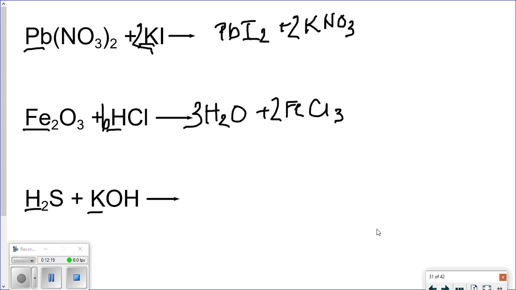Hydrogen pairs up with hydroxide, which makes water, and then potassium pairs up with the sulfide. Remember, potassium is a positive 1, sulfide's a negative 2, so it will be K2S. So we need to multiply potassium hydroxide by 2, and that gives us a total of 4 hydrogens, so we need to multiply water by 2 as well.